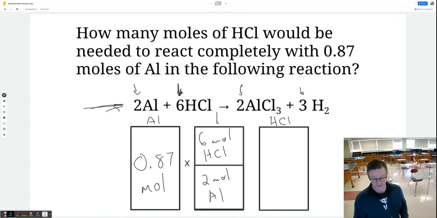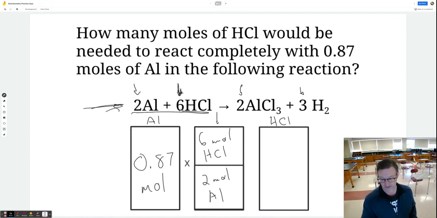Okay, so what this means and what the equation tells us is that for every 2 moles of aluminum, you need 6 moles of hydrochloric acid to go with it. That's the recipe. Now, since we didn't start with 2 moles of aluminum, we have to figure out what's the proportion that will give us the right amount of hydrochloric acid. The way we do that is by multiplying the number of moles we were given by this ratio.